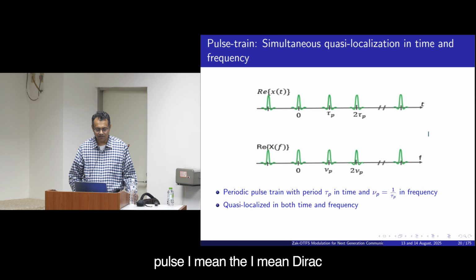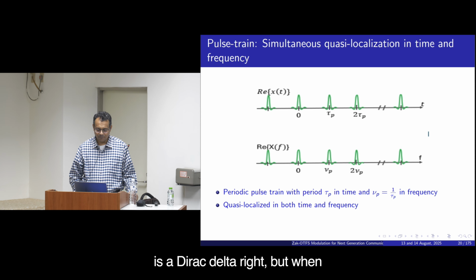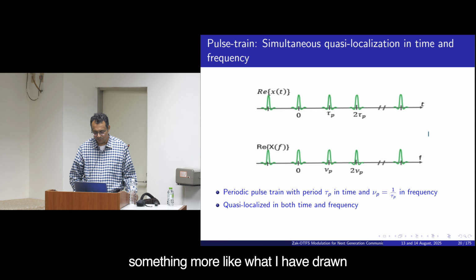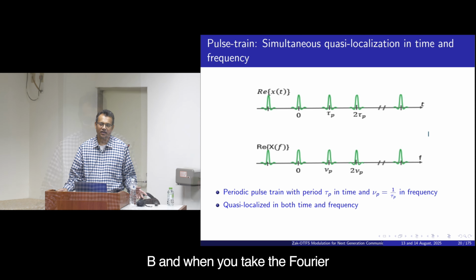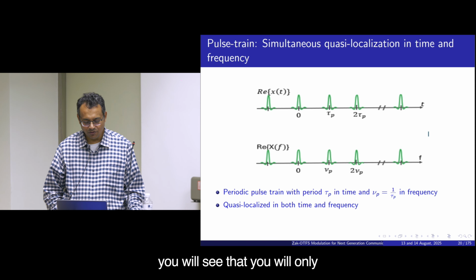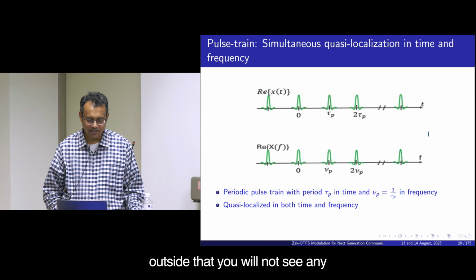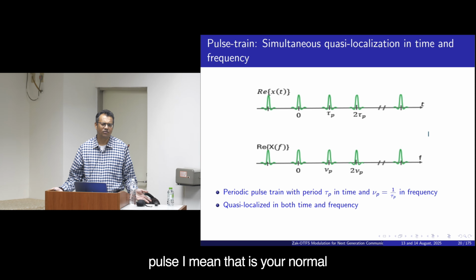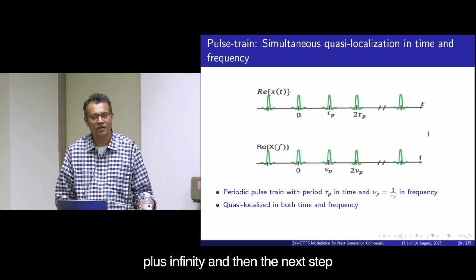A Dirac delta is a Dirac delta, but when you filter it, it will become something more like what I have drawn here. The width of each pulse will be roughly 1 over B. When you take the Fourier transform of that, in the frequency domain you will only see these pulses between minus B by 2 and plus B by 2, and outside that you will not see any pulse. That's your normal Fourier theory. But in time it will still be from minus infinity to plus infinity.